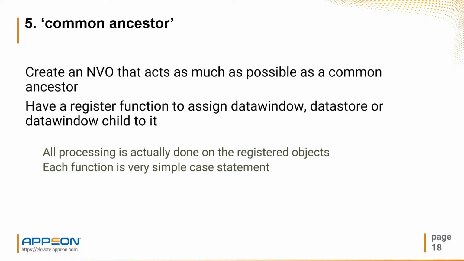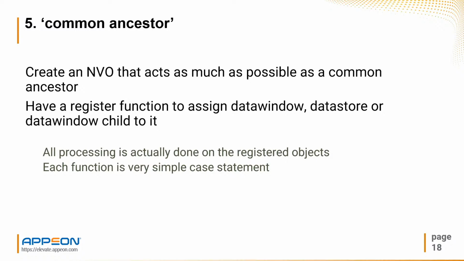So the last major option is a common ancestor, where we're creating an NVO that basically has the same function names as a data window or data store has. You simply have a function to register the data window or data store that you're doing the operations upon. And because you're doing it that way, your operations are actually being done on the registered objects directly.